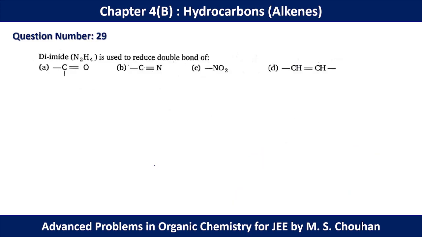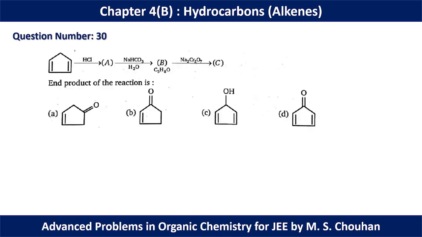In question number 29, diimide N2H4 is used for the syn hydrogenation reaction and it can reduce the C double bond C alkene. In question number 30, we have one addition reaction.